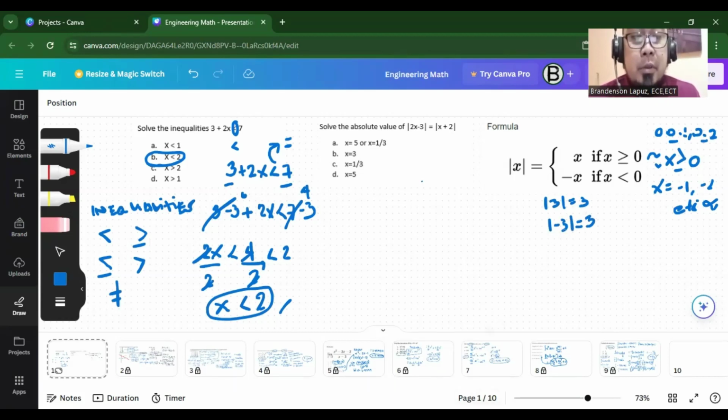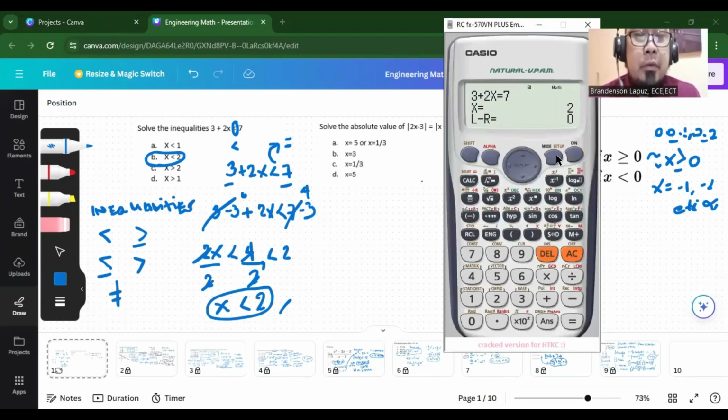You can check it with the calculator if you want: shift absolute value of negative 3 is equal to 3. Or remove the negative sign, absolute value of 3 is 3. All right. Now, going back.